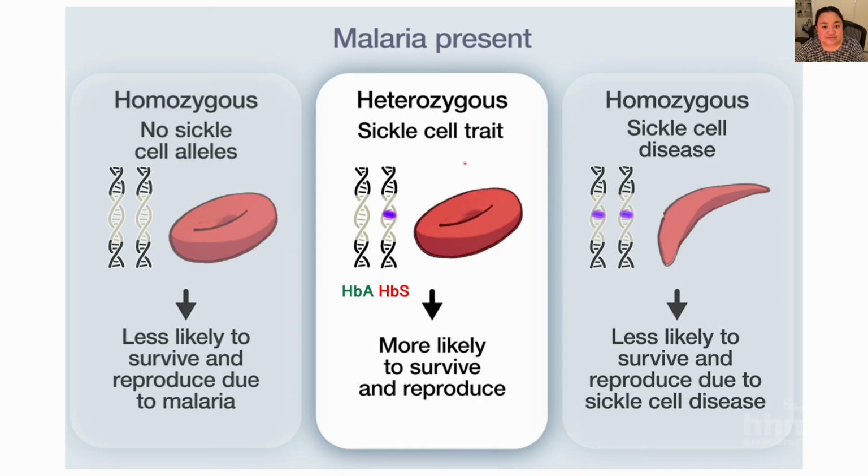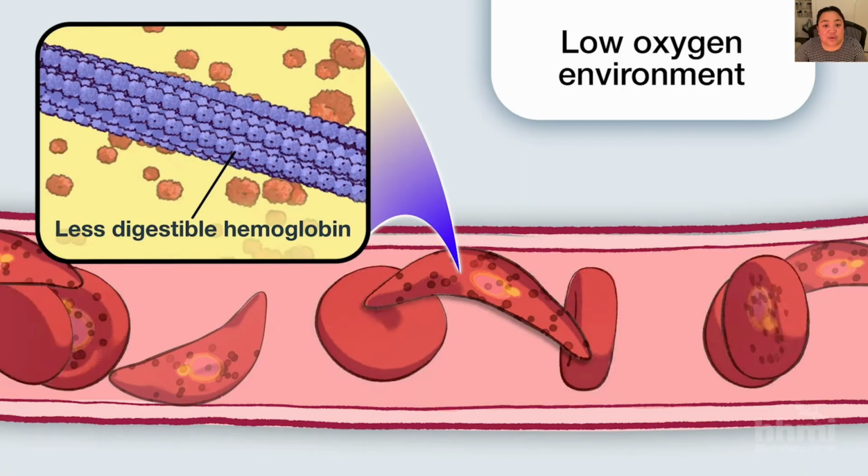These heterozygous individuals don't usually suffer the full effects of sickle cell disease because they produce enough normal hemoglobin, and they also produce enough abnormal hemoglobin to make it harder for malaria parasites to survive and reproduce. Remember that the Plasmodium parasites feed on hemoglobin, but the abnormal hemoglobin in sickle cells is not in the form that parasites can feed from. This gives the heterozygote individual resistance to malaria.